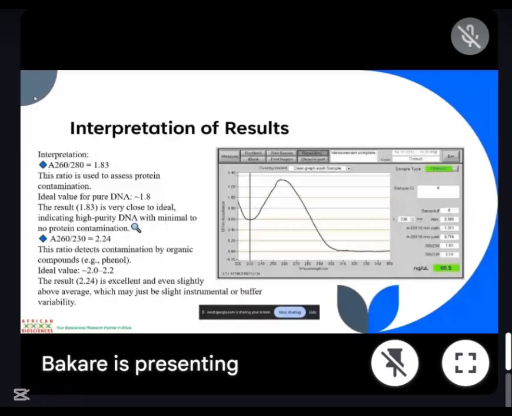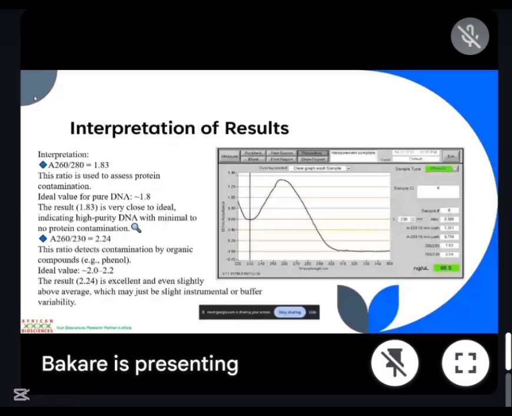There's something we call a vortex machine, used to mix the sample vigorously, because during that 1 minute journey from the extraction station to the quantification station, the DNA might have settled at the bottom. So we vortex it again.